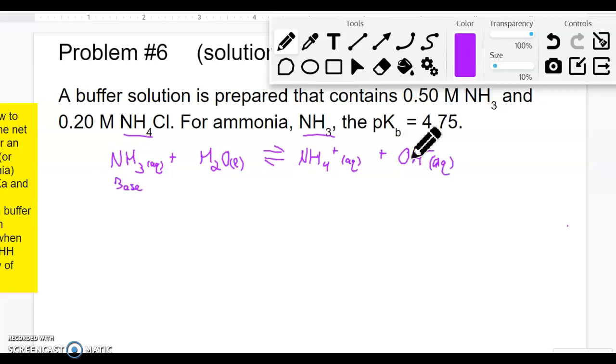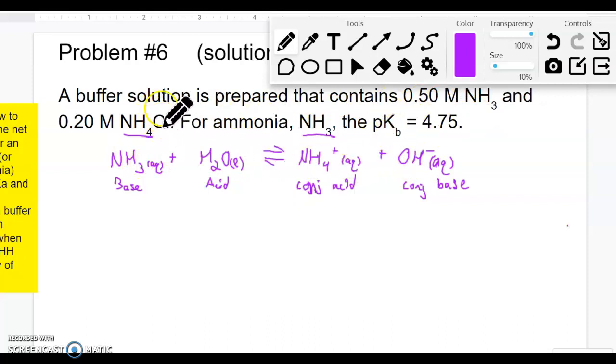So here's my base. That means this was my acid in this problem, and this is my conjugate acid, and this is my conjugate base. Just a few quick things to run through, but here's my balanced chemical equation. There are no spectator ions except for the Cl.